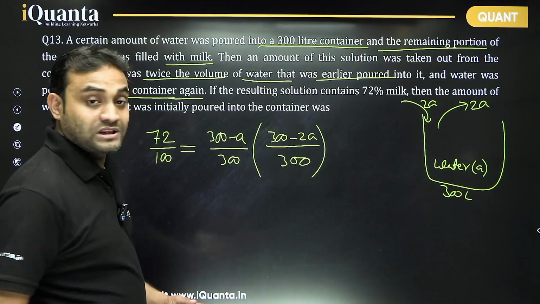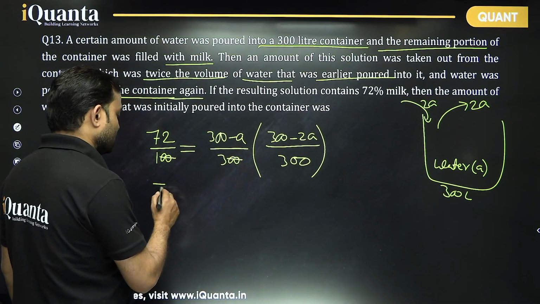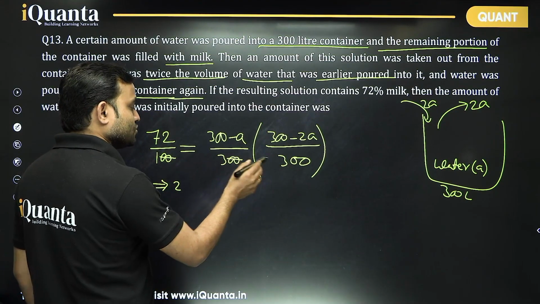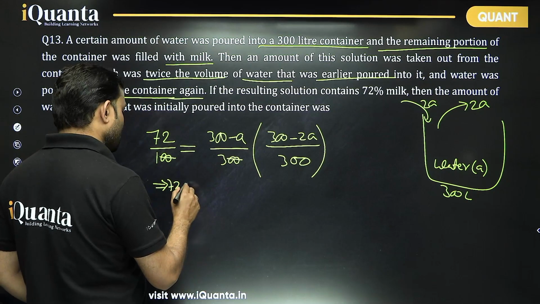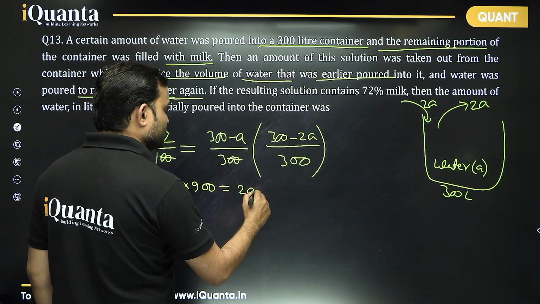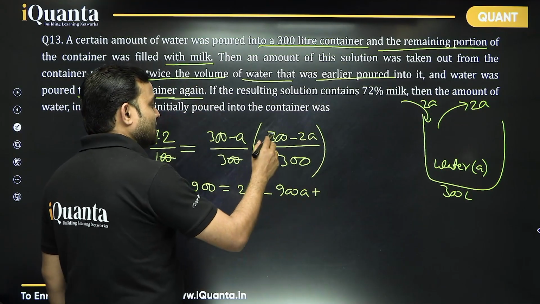Now we need to solve this and get the value of A. So what we can say, 100 is cancelled out. This will be equal to 72 into 900, equal to 2A² minus 900A plus 90,000.